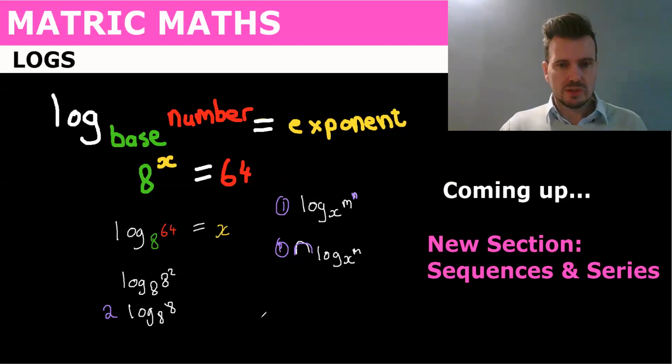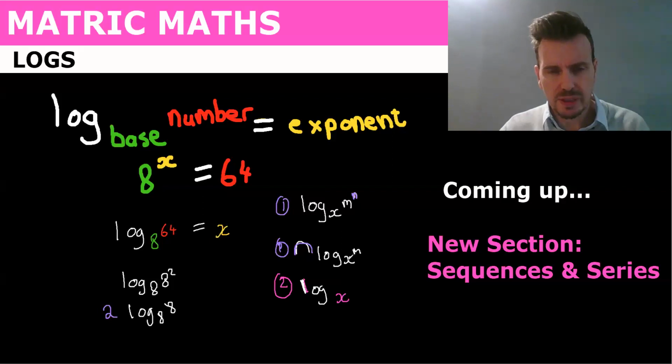Well, there's another rule in logs which says that if you have log x of m, these letters could be anything, but let's call it m because m is already there.